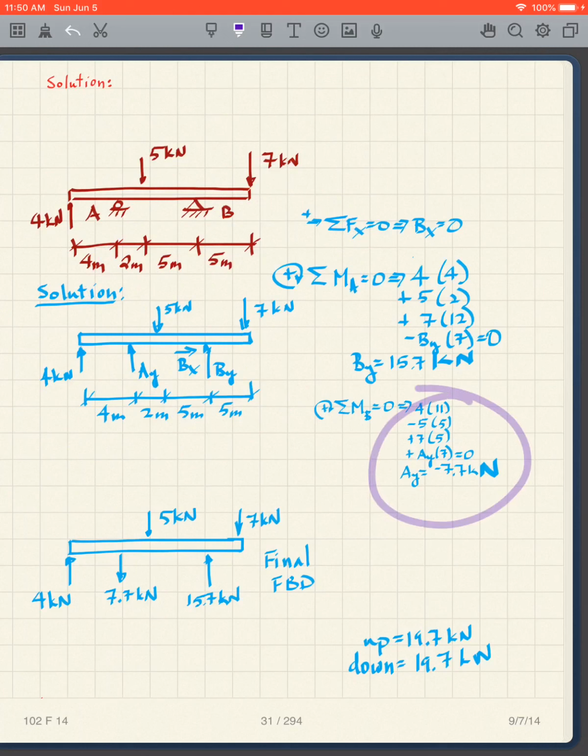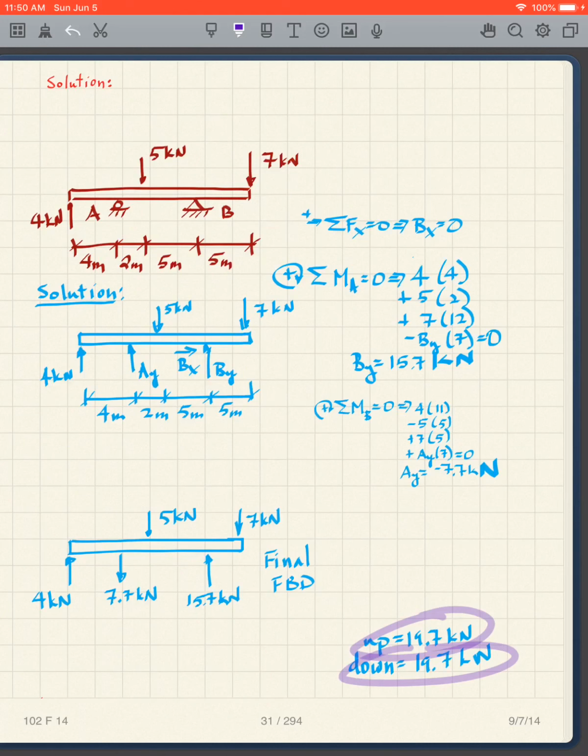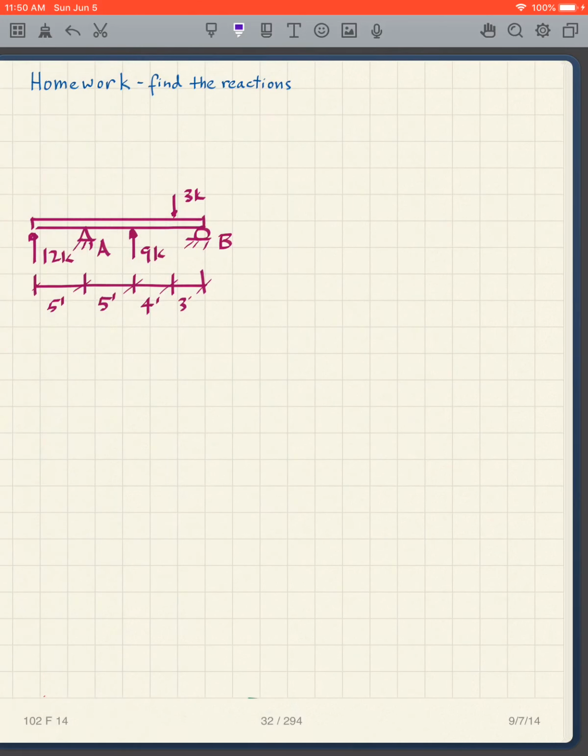Put it all in, we get negative 7.7, so we flip the arrow around, we put them like that, and then we find that the upward forces are 19.7, the downward forces are 19.7, so we're happy with that.